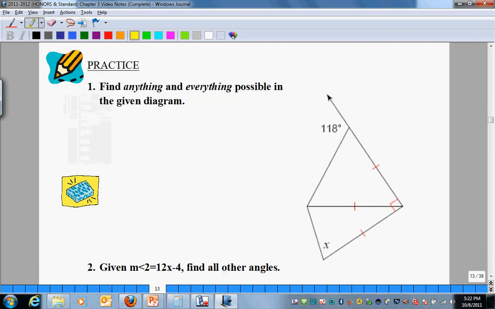In this problem, if we have two congruent sides, that means we have two congruent angles. So I want you to use a straight edge or just draw a line. Follow the hatch marks. The hatch marks point to the angles that are going to be congruent.